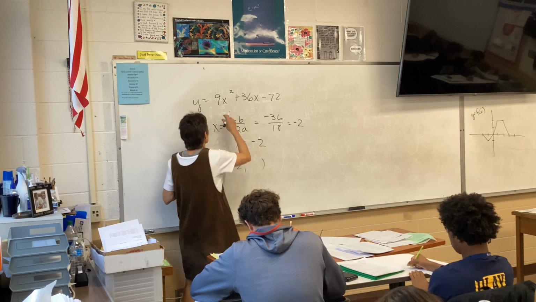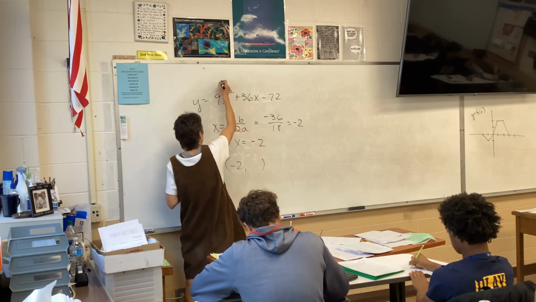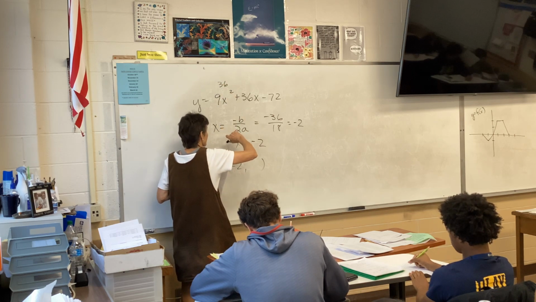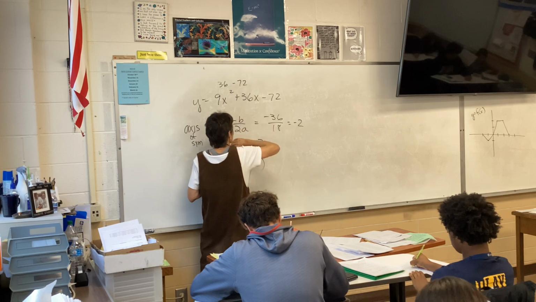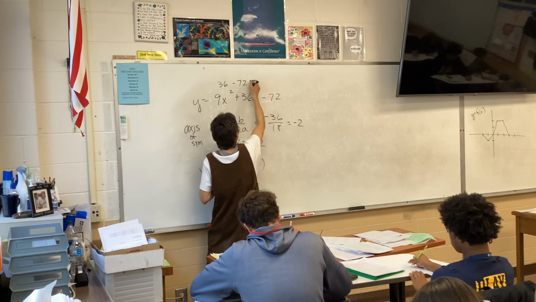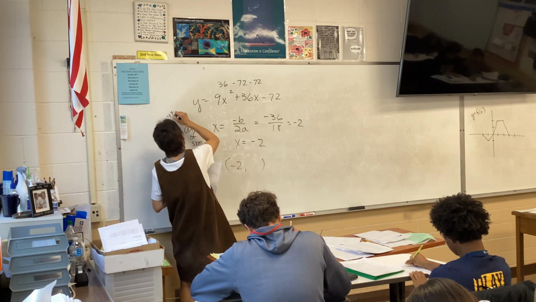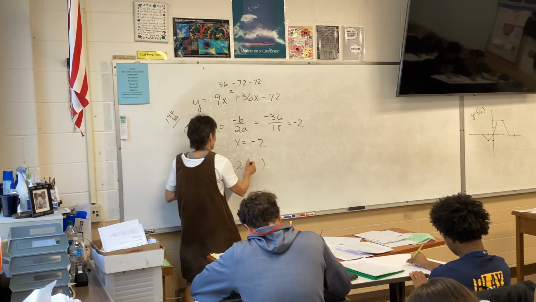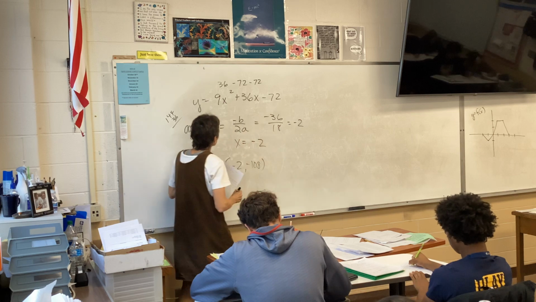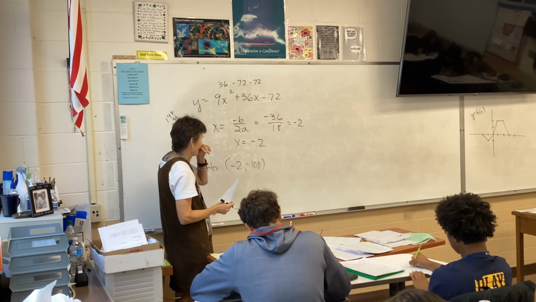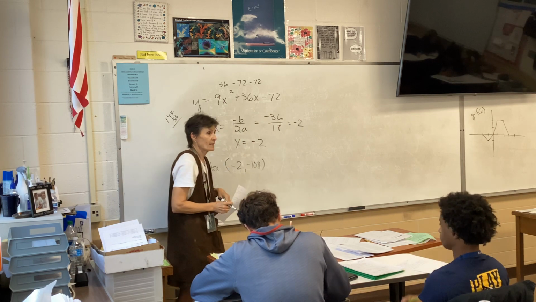Plug it in. So I'm going to take 9 times 4, that's going to be 36, minus 72, minus 72. So that's 144 minus 36. I got negative 108. My goodness, did I do that right? Yeah. So that's my vertex.